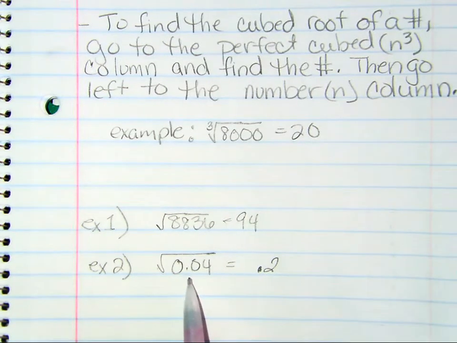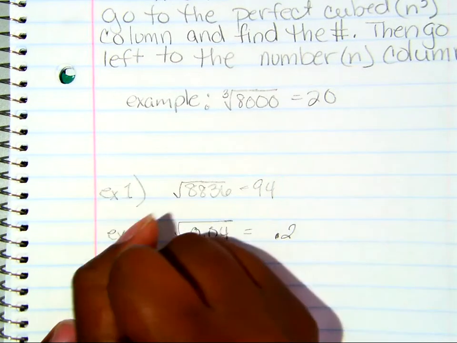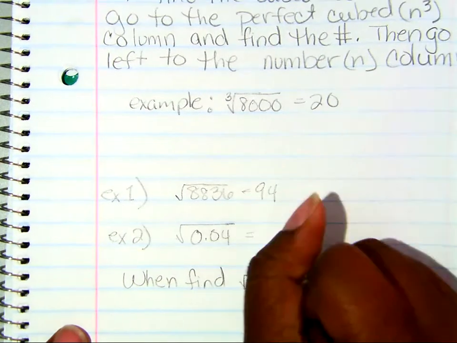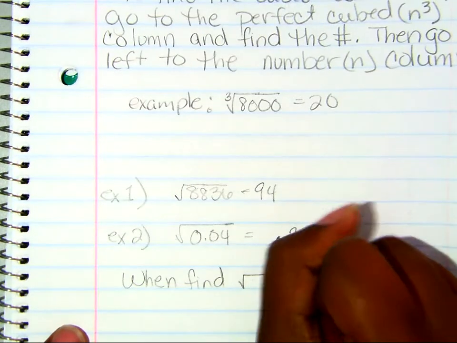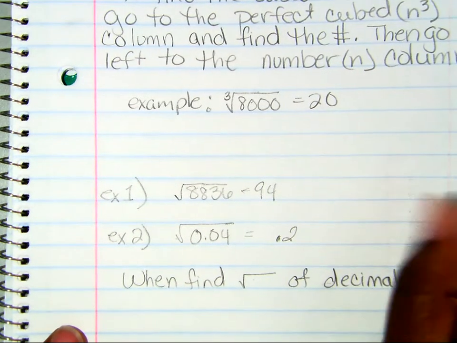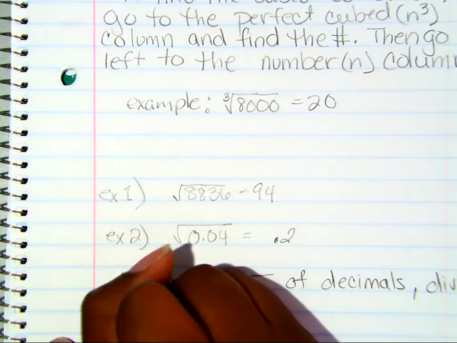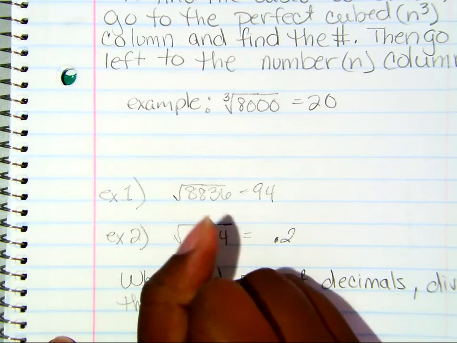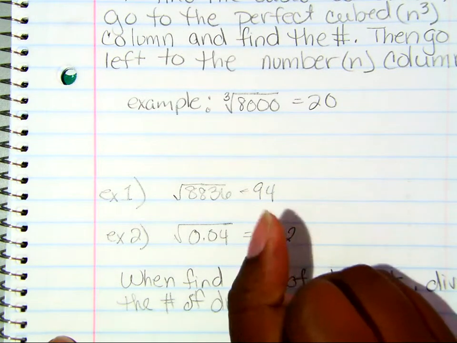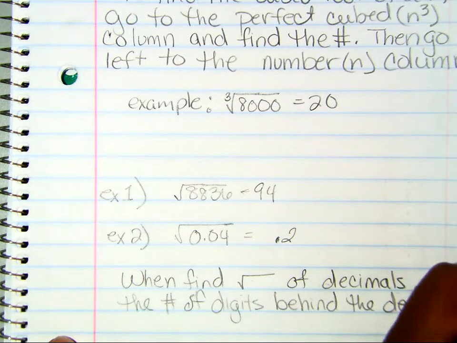So a good rule, write a little note: when finding a square root of decimals, divide the number of digits behind the decimal by 2.